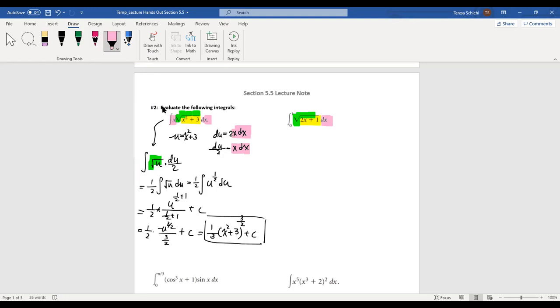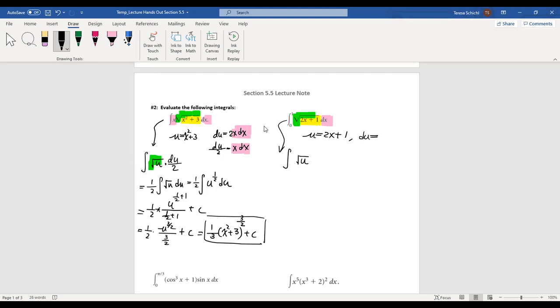Remember, everything in the integration needs to be transformed, right? So now let's see here. We say u is equal to 2x plus 1. Then this function here will be the square root of u, right? Now I take the derivative of both sides.